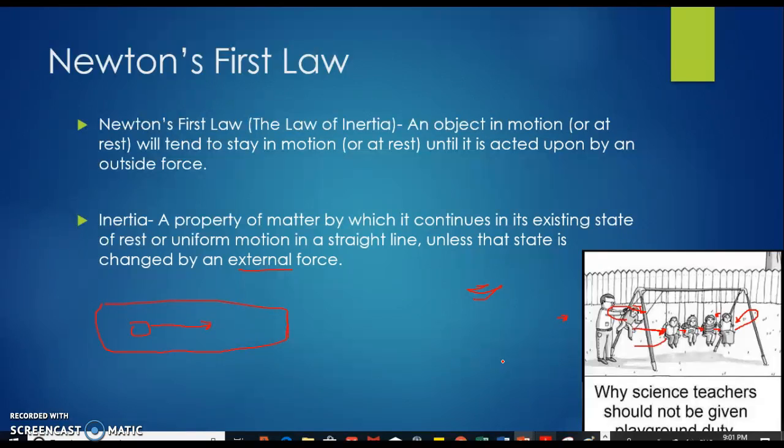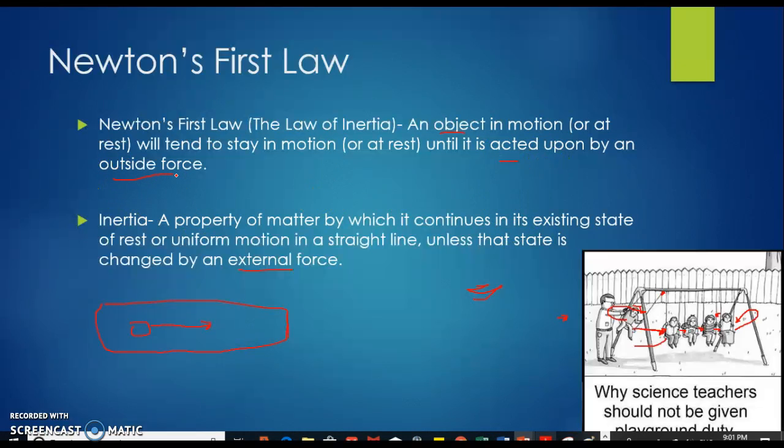It's just not the kid's motion anymore. It's the air molecules vibrating now. So you lose some to noise. The chains at the top, there's friction as they hit the joints up there, so you lose some to that also. So it's being acted on, right? The object is in motion, the kid is in motion, but it's being acted on by an outside force here.